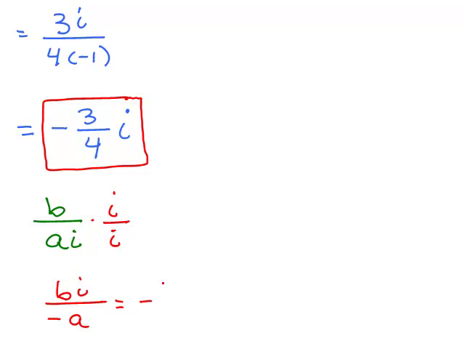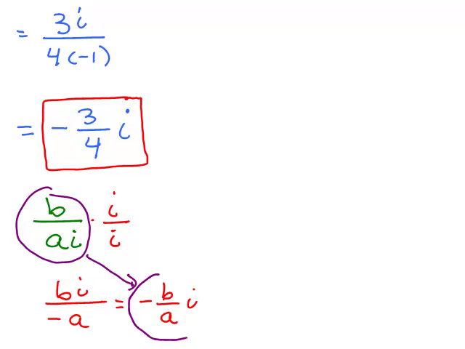So you end up with negative b over ai. So look at what I started with right here, and look at what I end up with right here. If you have an i in the denominator, after you do these steps, you end up with a different sign in front of the fraction, if it's a fraction, and the i is now in the numerator. Okay, let's go to the other problem.